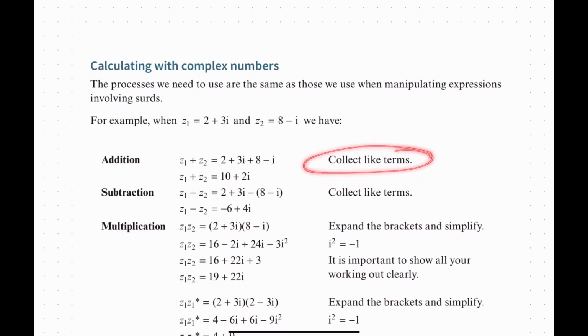So it's just collecting like terms, as you would with algebra. Same with subtraction, just collecting like terms: 2 minus 8, 3i minus i, to get you 4i. So standard expectations with addition and subtraction.